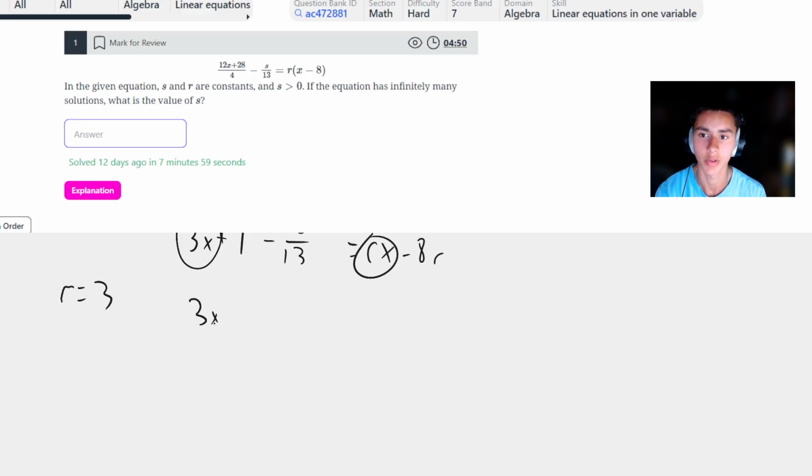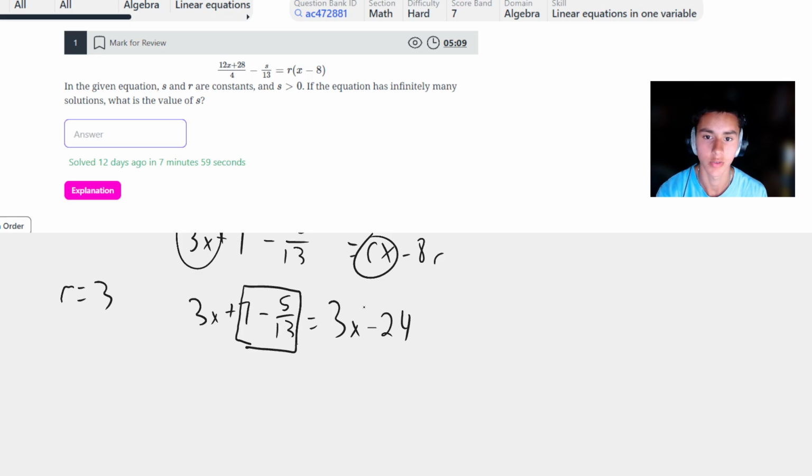So we can already plug in for r, and we would get 3x minus 24. Oh wait, sorry, 24. And now the only thing is we have to find s here. So we know this part of the equation is equal to this part of the equation because they're both a constant.